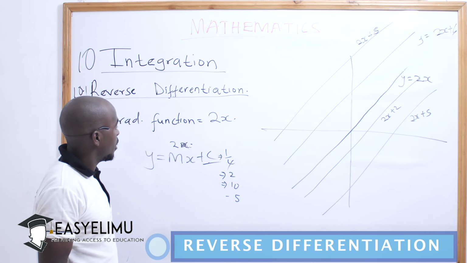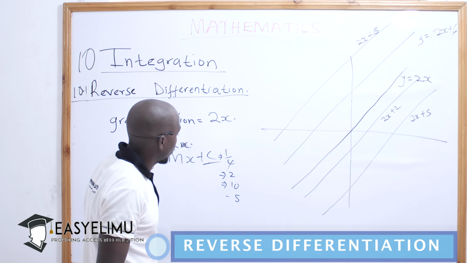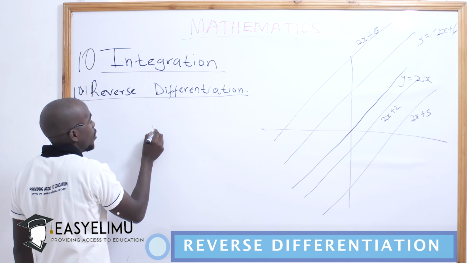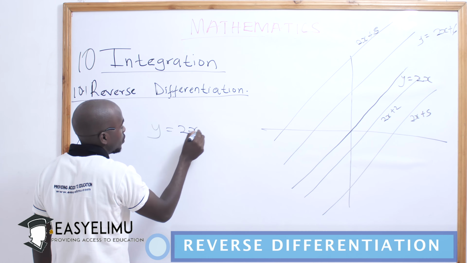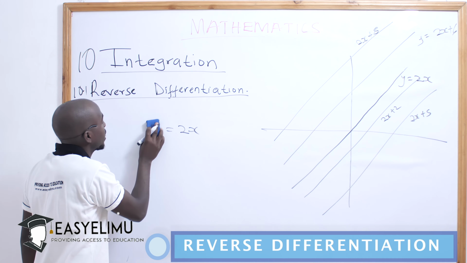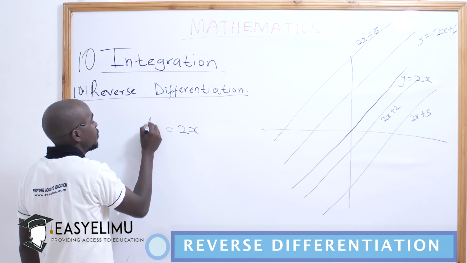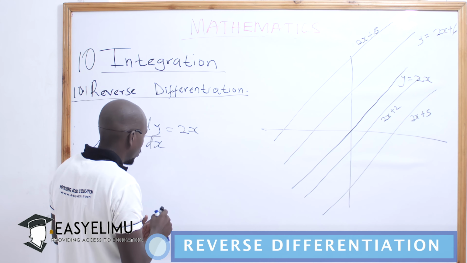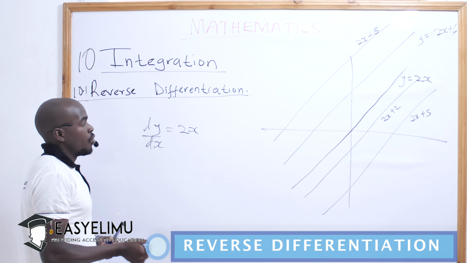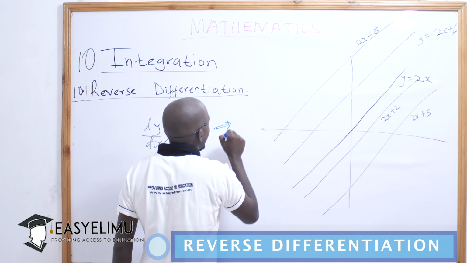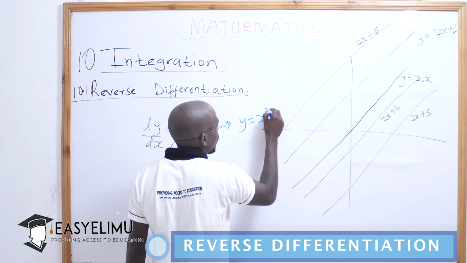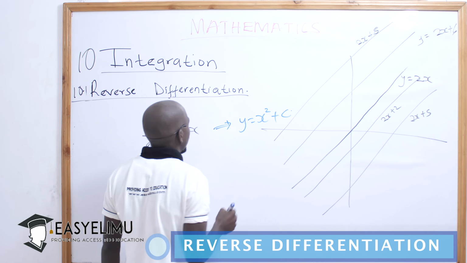So from chapter 8, we said that if you have the gradient function dy over dx giving us 2x, the equation of this line is y equals x squared plus c.